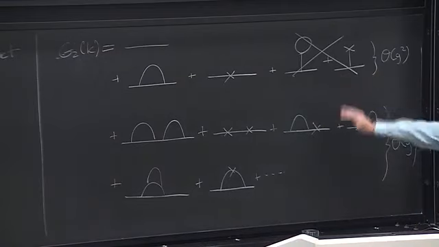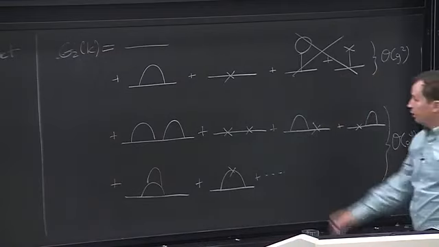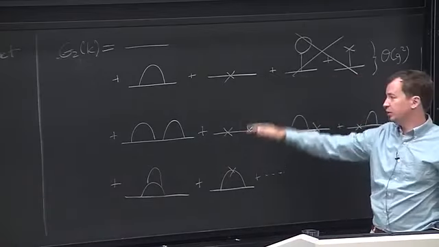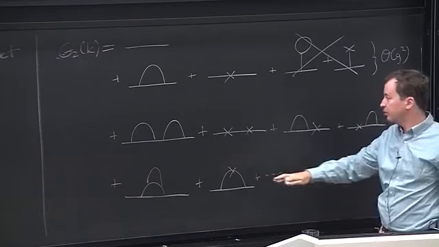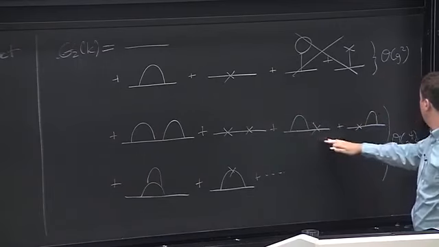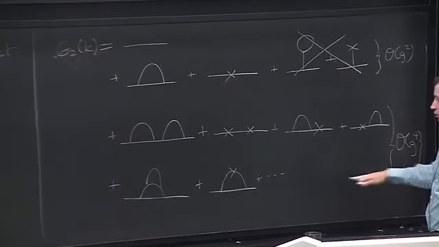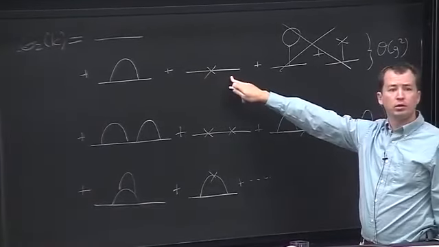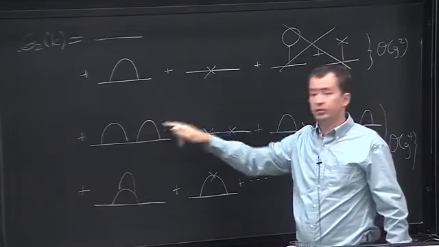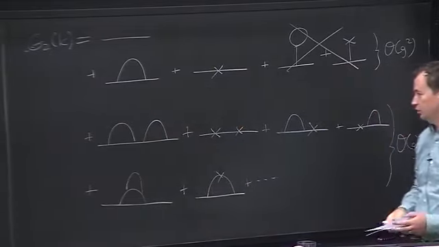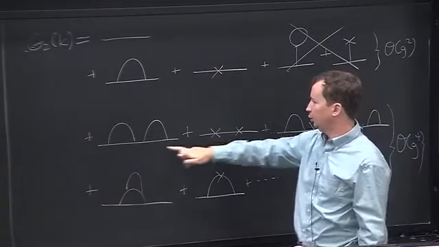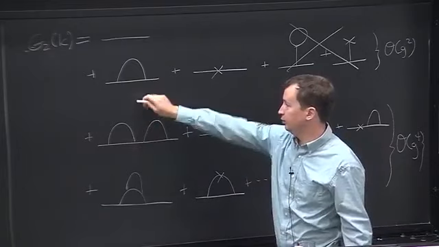And the reason I've drawn out so many diagrams is that just looking at a few of them suggests maybe there's a smarter way to calculate this. So many of the diagrams at order g to the fourth just look like diagrams at order g squared stitched together. So if we were going to explicitly calculate some of these diagrams, it probably wouldn't be very hard to calculate this diagram if we knew the result of that one.